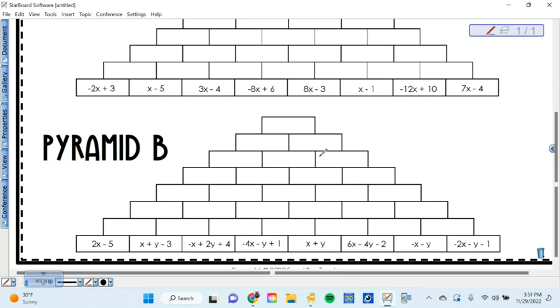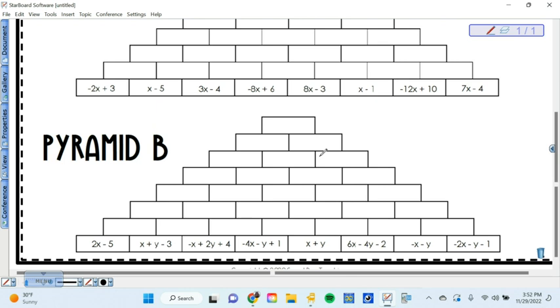Oh, the second one on those. One line minus one.